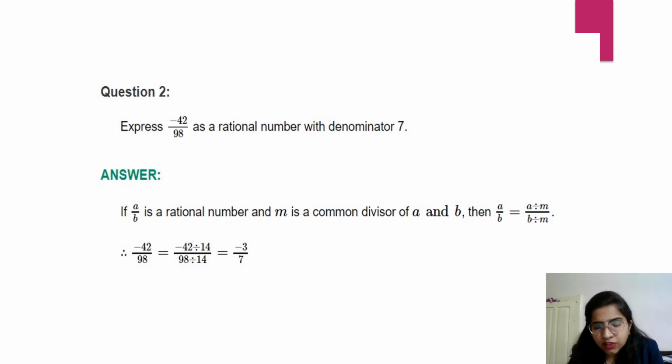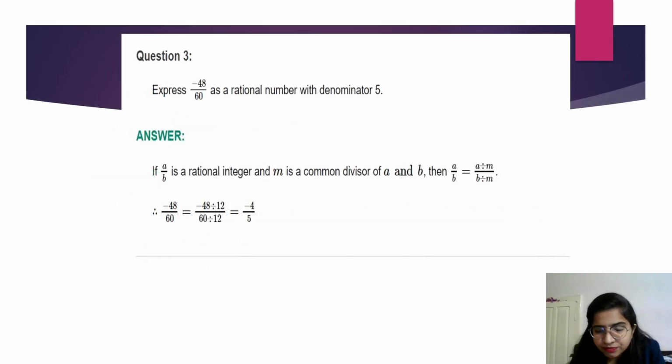Minus 42 will be divided by 14 and 98 will also be divided by 14. And what will you get after dividing? Minus 3 upon 7. Here you can see the denominator is 7.